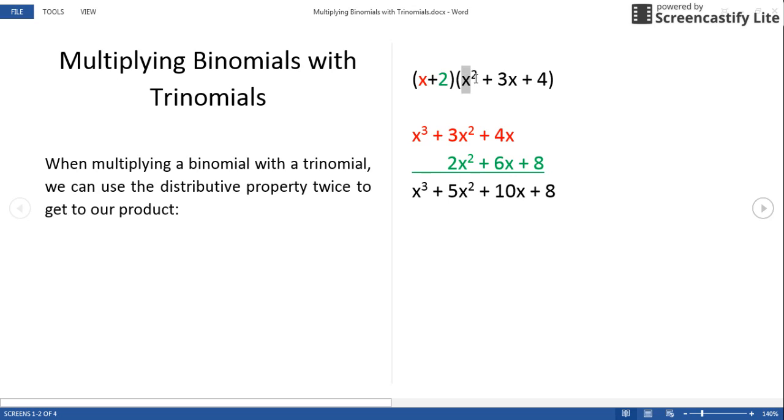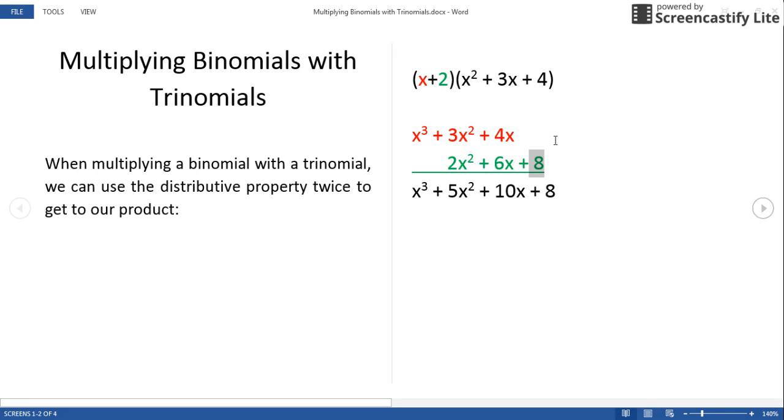Let's do 2 times x squared is 2x squared, and notice that I've lined it up below the other x squared. Now let's do 2 times 3x, that makes 6x, and I've lined it up below the other 4x. And then finally, 2 times 4 makes 8. There wasn't a constant value before, so I don't have anybody to line it up with. Let's just put it out on the end.